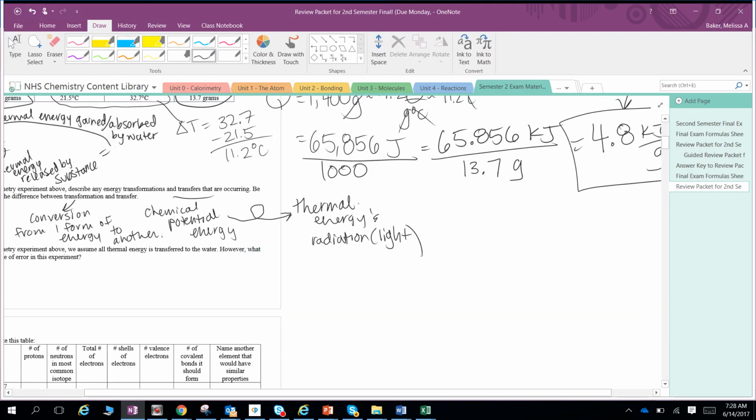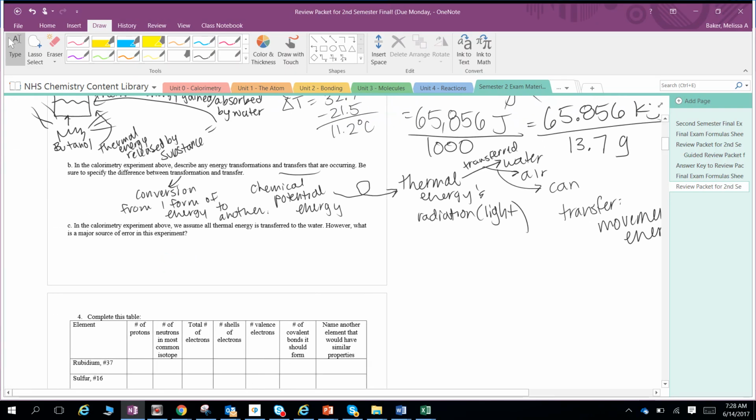And then from there, we saw the thermal energy transferred to a few different places. We saw it transferred to the water. We saw it transferred to the air. We saw it transferred to the can. And to define a transfer, it's simply the movement of energy from one place to another. Point A to point B.